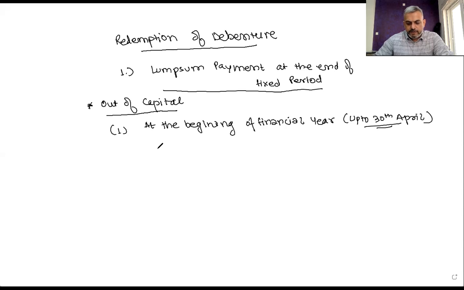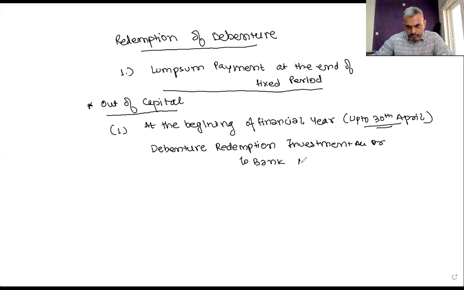Now in this first entry we are going to pass is debenture redemption investment account debit to bank account. Now, how much?